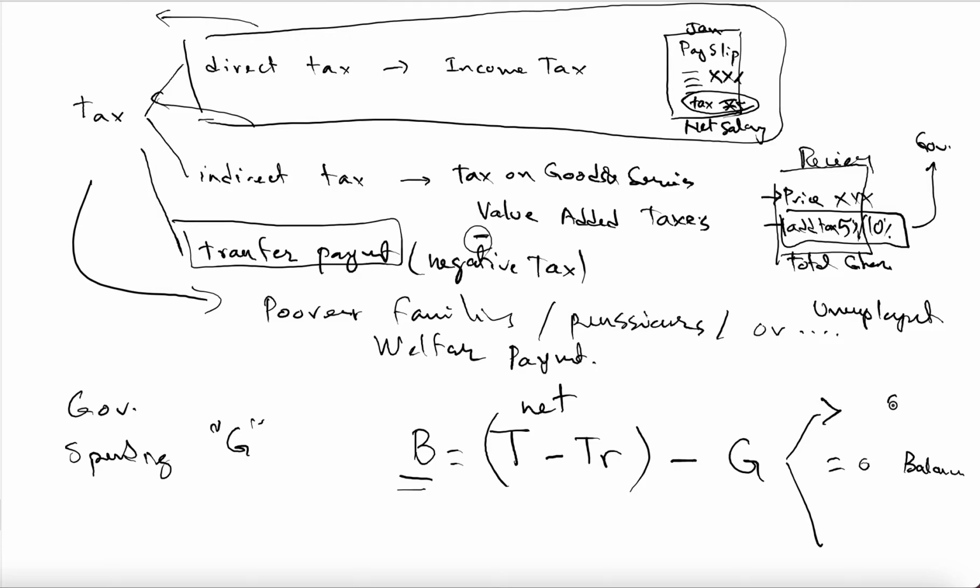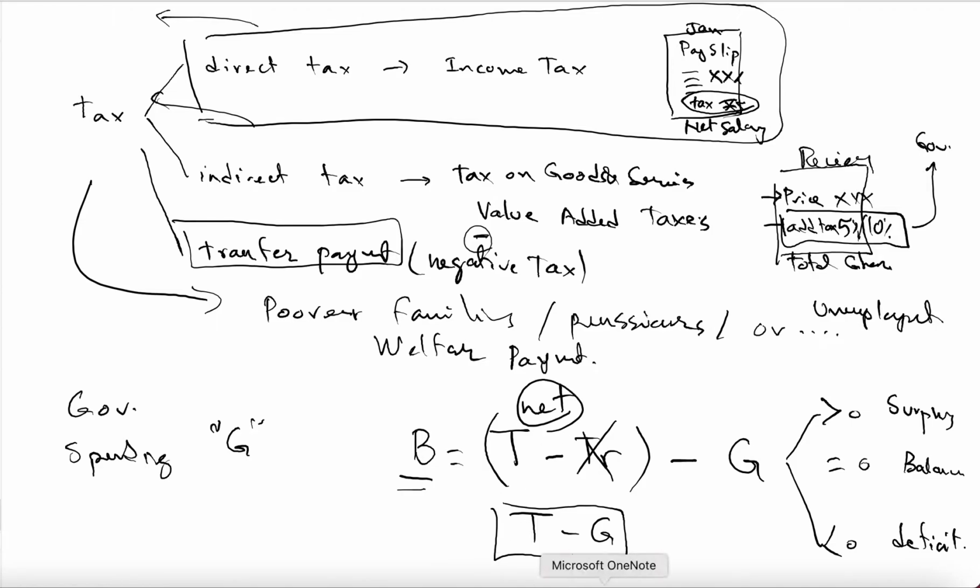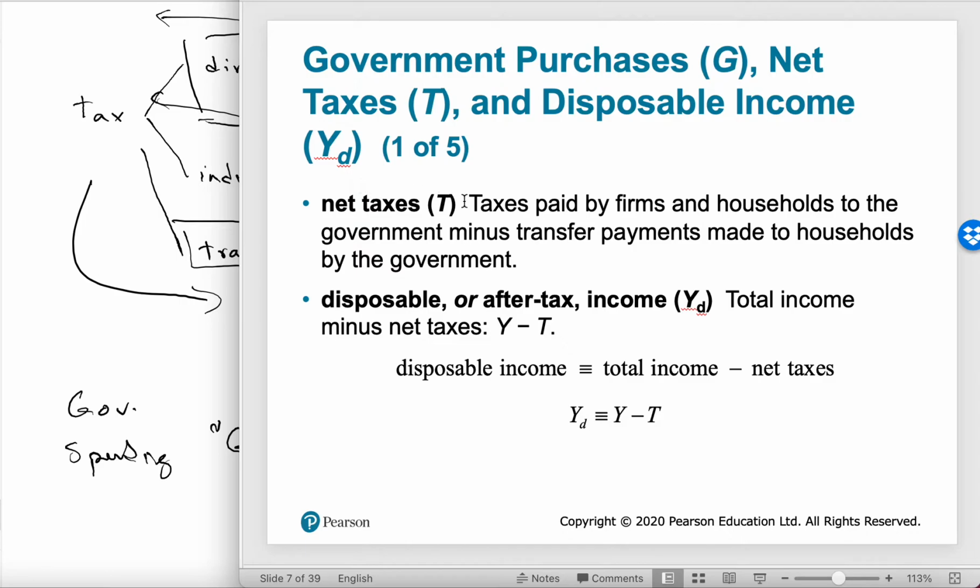This can be positive. It's called the budget surplus. Can be negative. This is called deficit. Budget deficit, let's simplify to T minus G, ignoring the transfer payment. T, or when we say T, we are referring to the net tax. Actually, that is the way that it has been explained here. T is the net tax. Tax paid by the firms and households to the government minus transfer payments made to households by the government. So this is basically T.